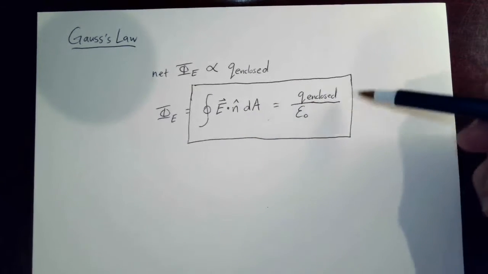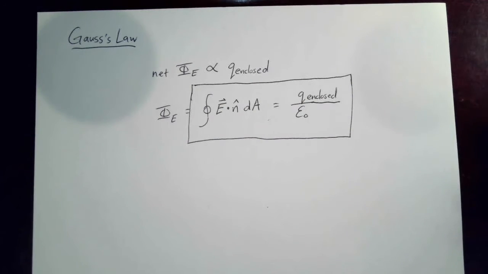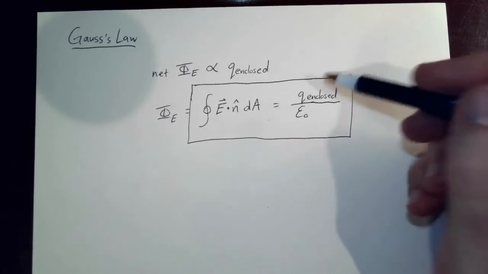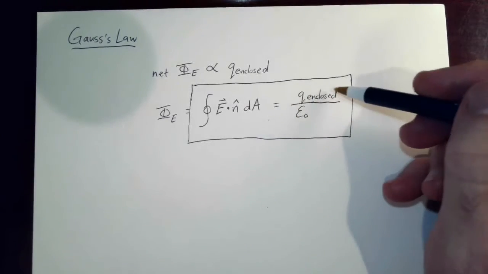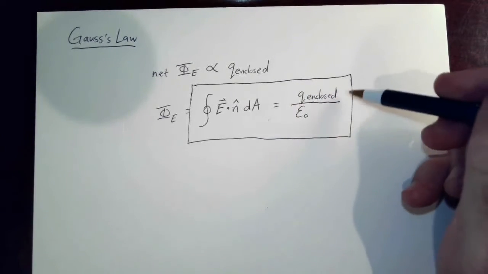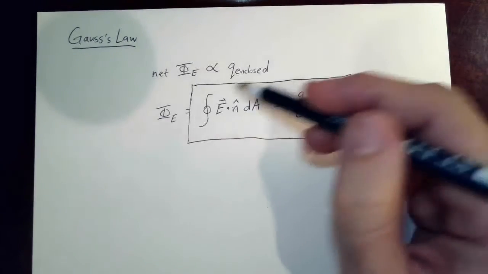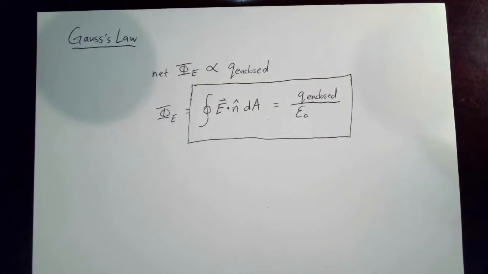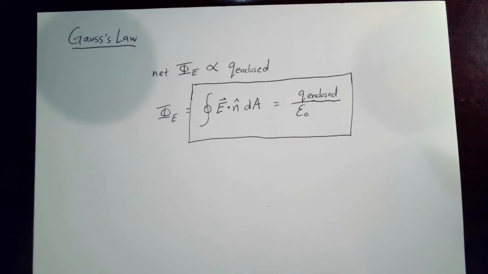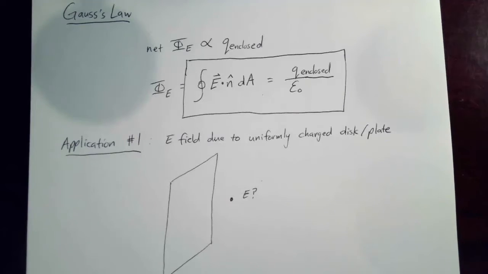Maybe I know what the charge distribution in space looks like, and I want to know what the electric field due to that charge looks like. So sometimes I may know the right-hand side, and I can use that to compute the left-hand side, which will then give me a formula for the electric field. I want to do a couple of examples like that.